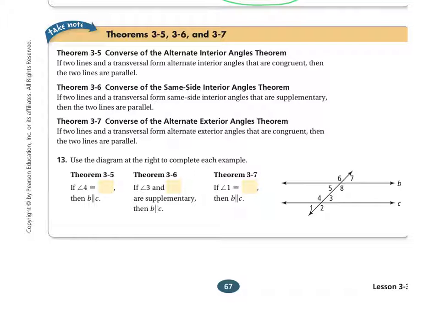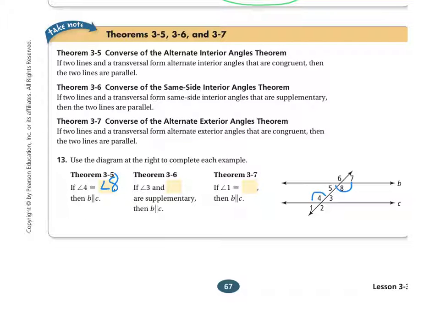And the third one is the alternate exterior angles converse. If two lines and a transversal form alternate exterior angles that are congruent, then the two lines are parallel. For number 13, we want to use theorem 3.5, which is alternate interior. So angle 4, I'm going to mark it in the diagram, is congruent with alternate interior angle 8.